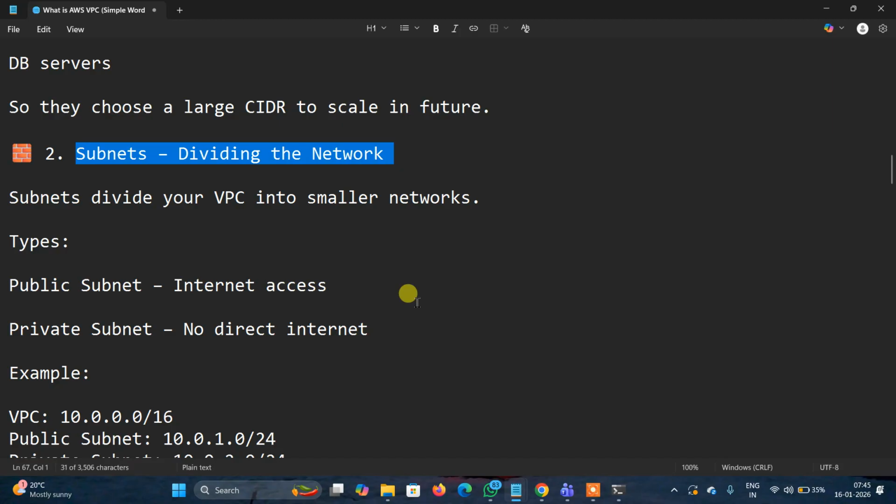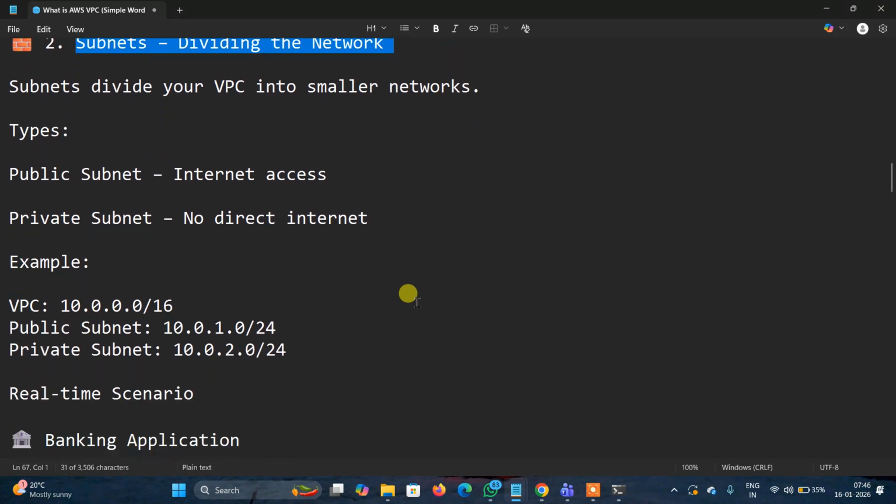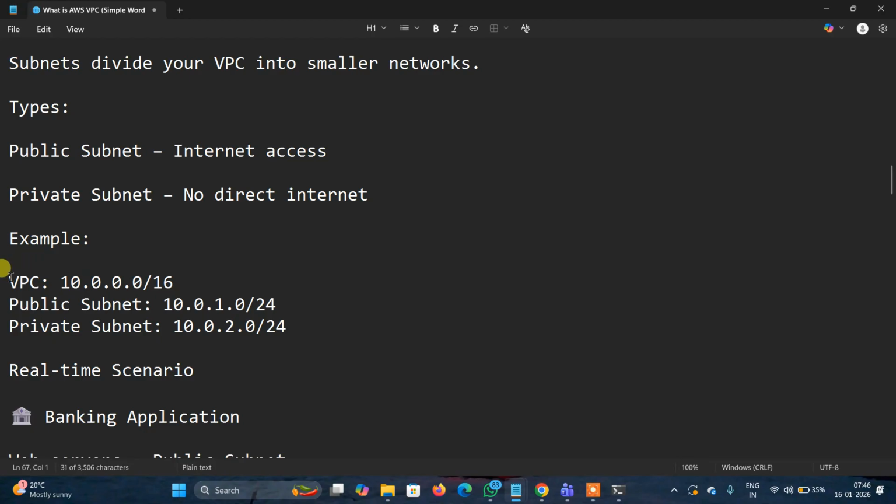Understand? Public subnet has internet access. Private subnet doesn't have internet access. No direct internet access is available. And if you see this, it is a VPC. If you take an IP address, this is the subnet, and this subnet is divided into smaller parts: one is the public subnet, and this is the private subnet.